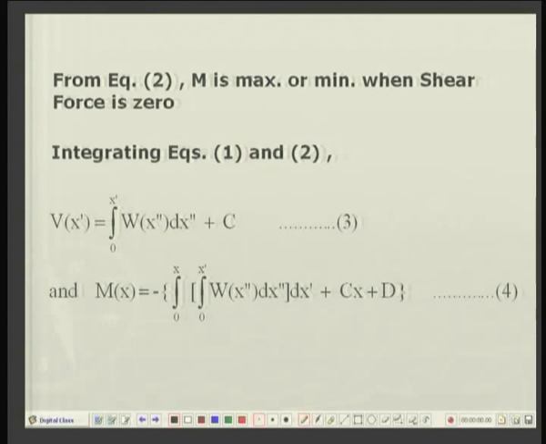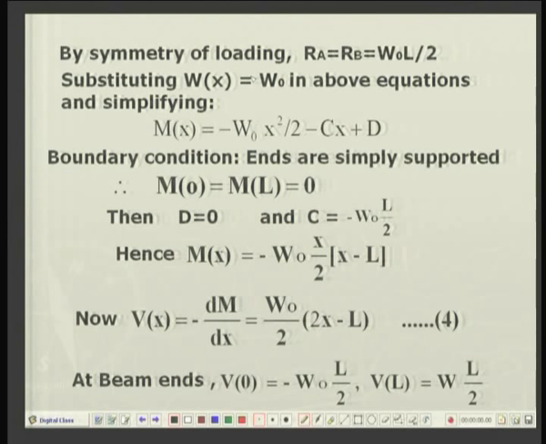So, you can substitute into the equations which we derived earlier, integrate it, and we will get this simple equation: the bending moment M x at any section x is equal to minus W0 x square by 2, parabolic, plus C x plus D. C and D are to be determined from the boundary conditions.